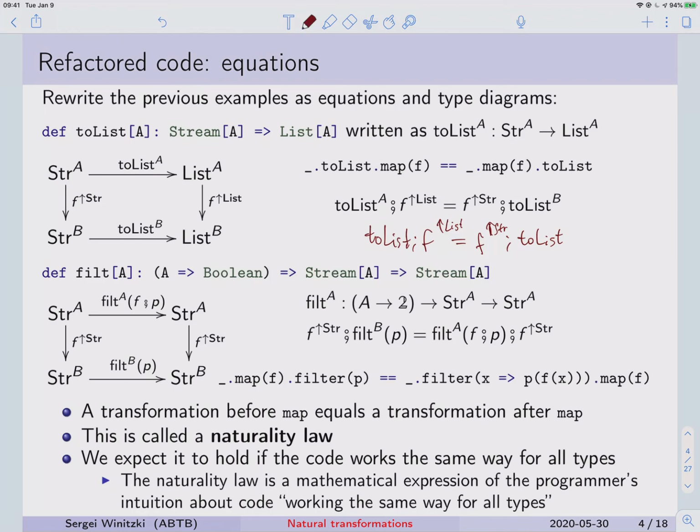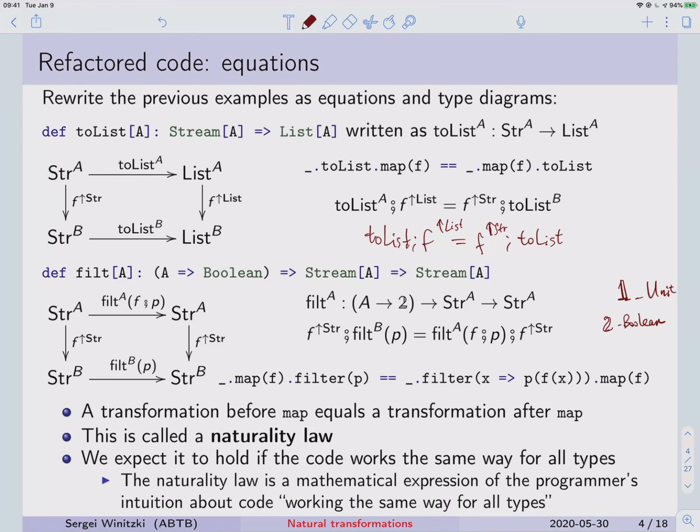The unit type is number 1 with fat lines. So that is the unit type in Scala. And the 2 is the Boolean type.